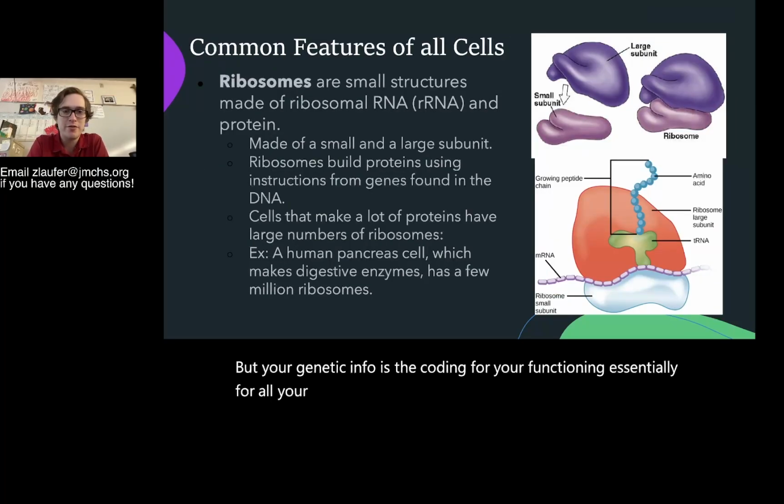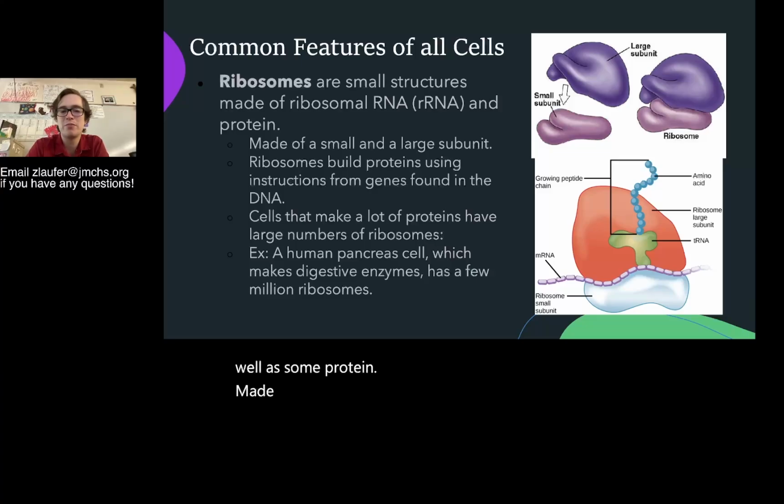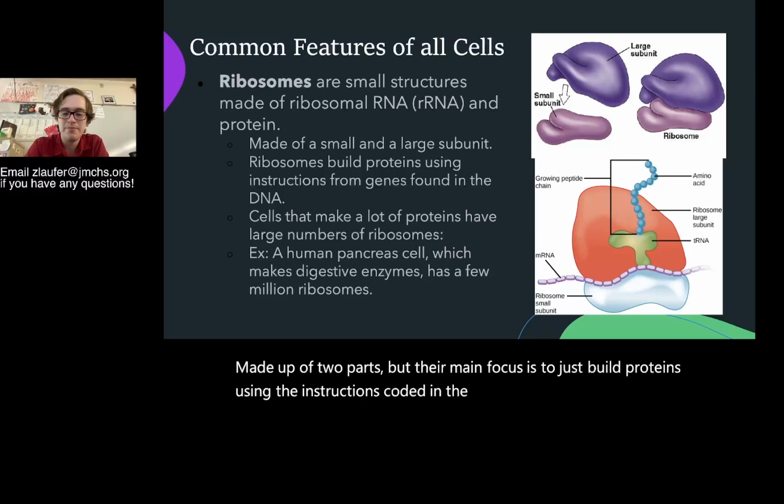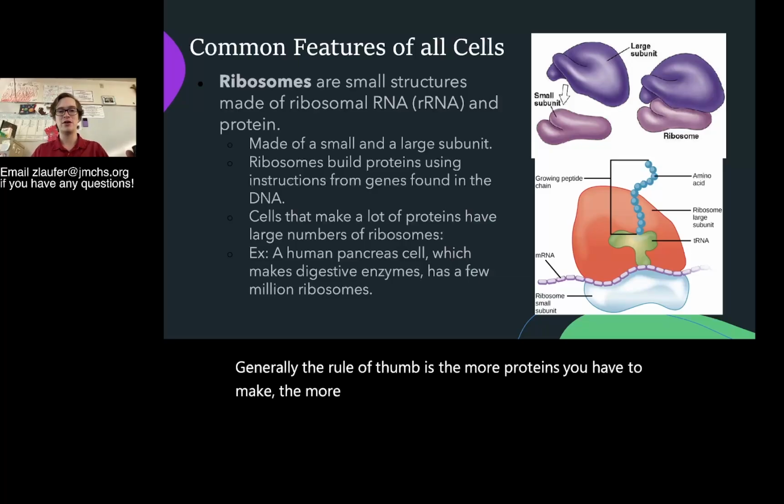The ribosomes are your protein factories. They are made up of ribosomal RNA, a special kind of RNA, as well as some protein, made up of two parts, but their main focus is to just build proteins using the instructions coded in the DNA. Generally, the rule of thumb is the more proteins you have to make, the more ribosomes you're going to have.